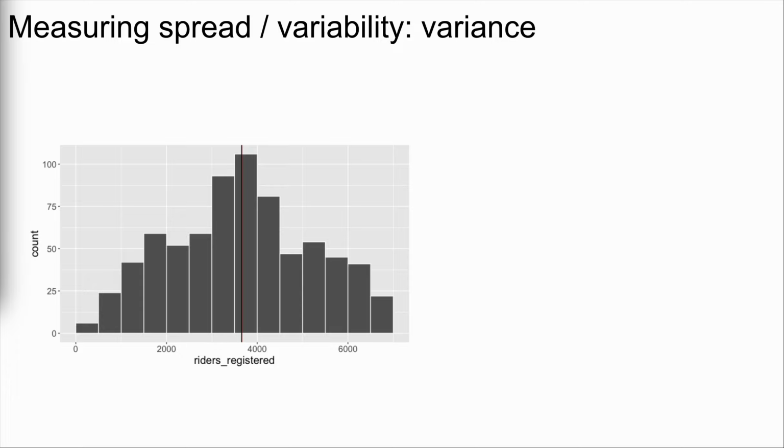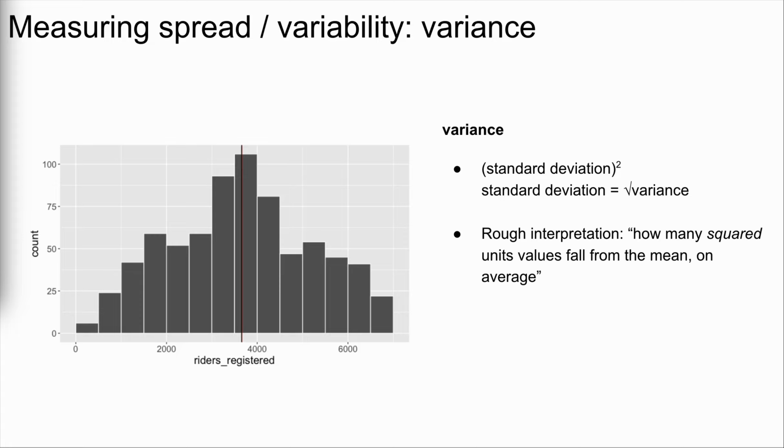For a deeper understanding of standard deviation, we have to address the variance metric. Yet another measure of spread, variance is equal to the squared standard deviation. Thus, standard deviation is the square root of variance. Roughly speaking then, if standard deviation measures how many units values tend to fall from the mean, then the variance measures how many squared units values fall from the mean on average.